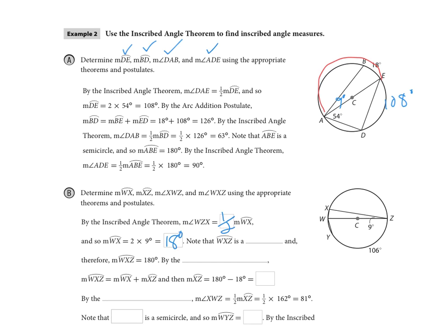We're going to notice that WXZ is a semicircle, and so therefore its measure is 180 degrees.